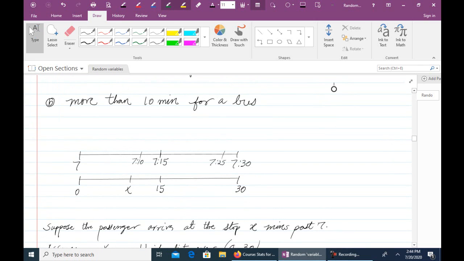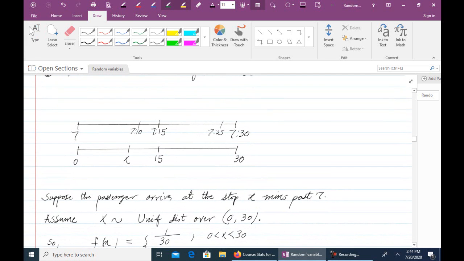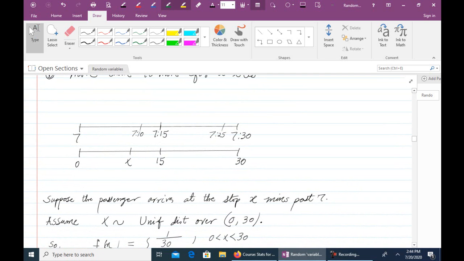But instead of going from 7 to 7:30, let's label 7 a.m. as time 0, and then 7:30 a.m. will be labeled as 30, or 30 minutes past 7 a.m. So X is the arrival time of the passenger.